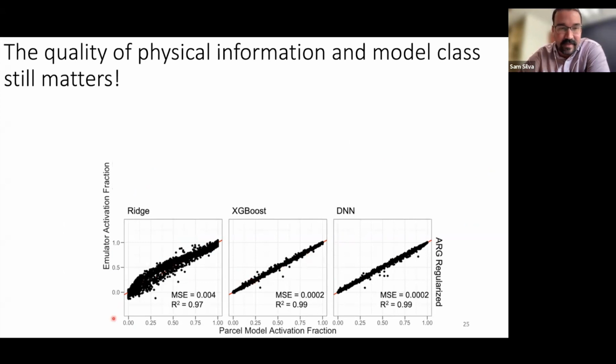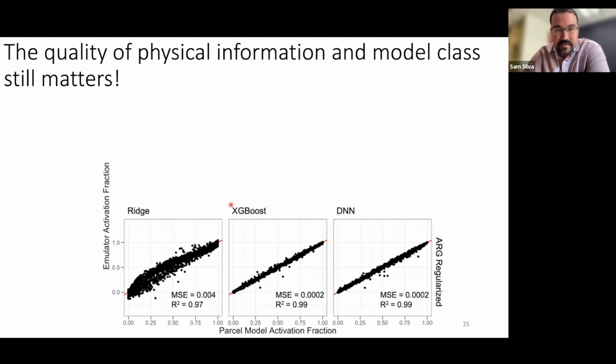So what you're looking at here now is a similar set of figures, but just multiple panels with the emulator prediction on the y-axis and the parcel model truth, this detailed but slow model, on the x-axis for three different model types for this ARG regularization. The first is just a multiple linear regression with a ridge penalty, to try to deal with issues associated with autocorrelation and any individual coefficient getting too large.